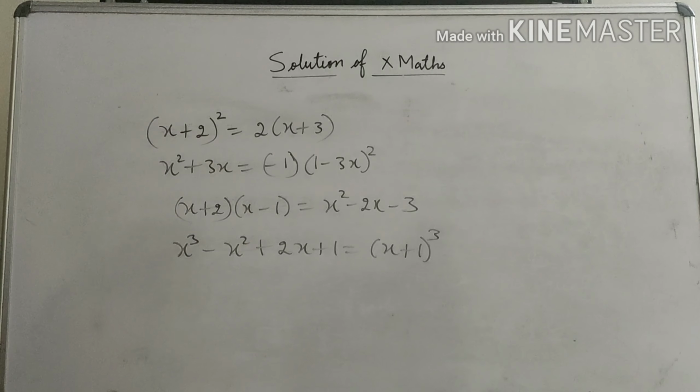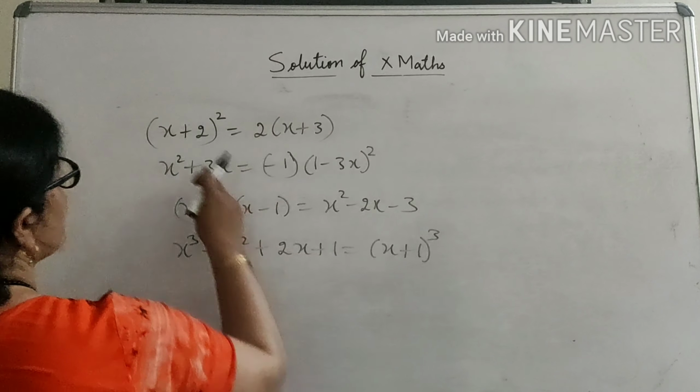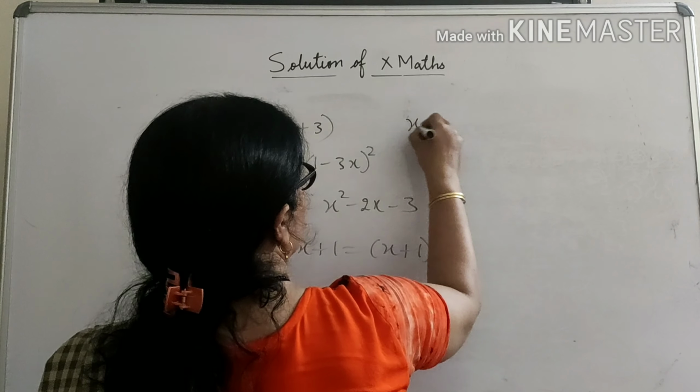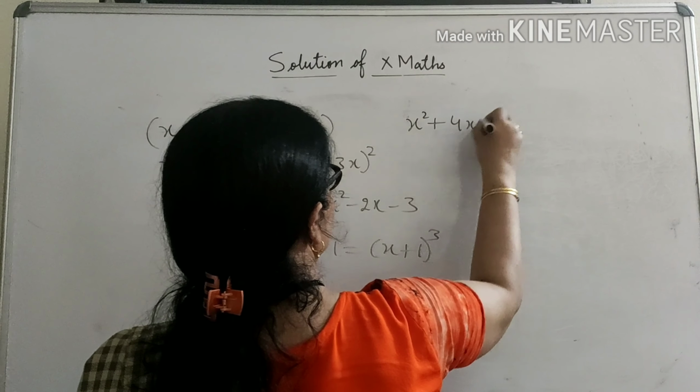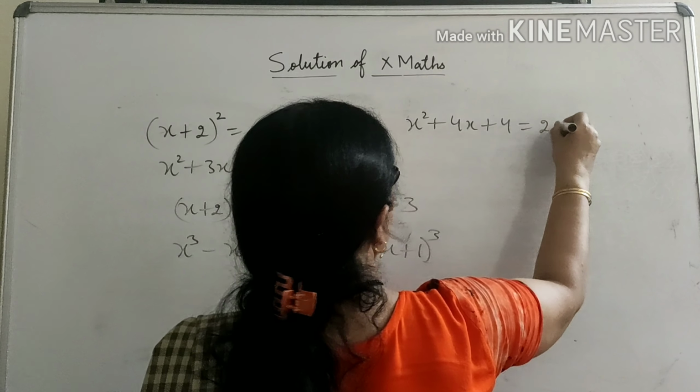If you solve the left hand side and right hand side, see in the first, what will come? x square plus 4x plus 4 is equal to 2x plus 3.